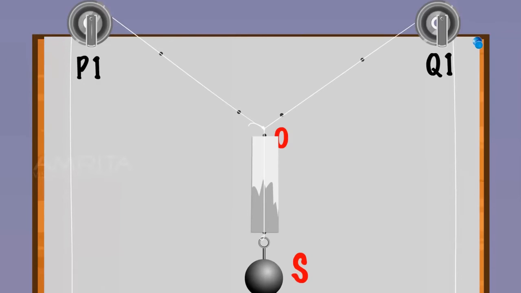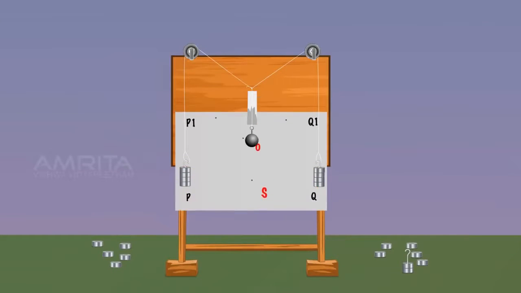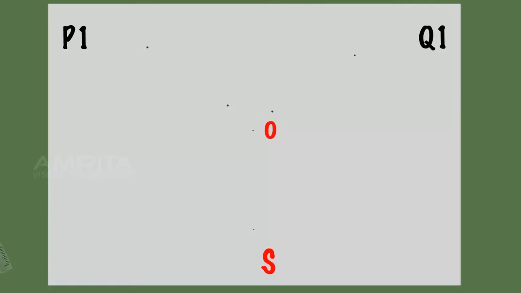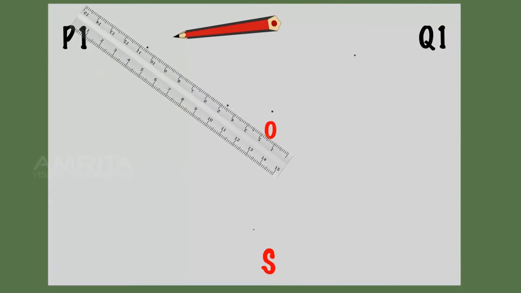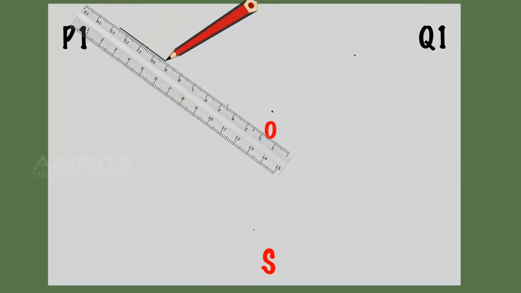Remove the paper from the board by releasing the pins. Place it on the table. Join the marked points with a pencil and a scale.